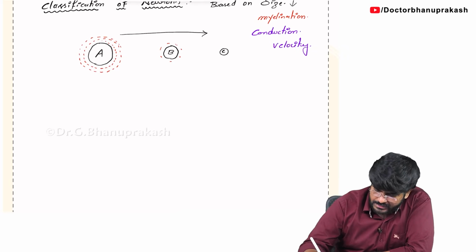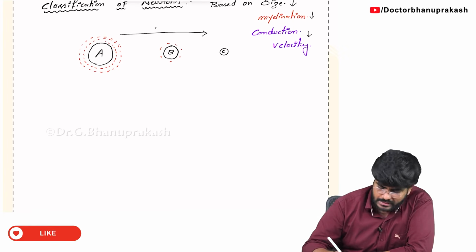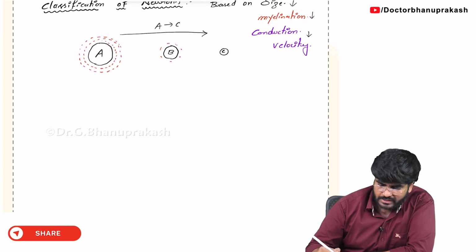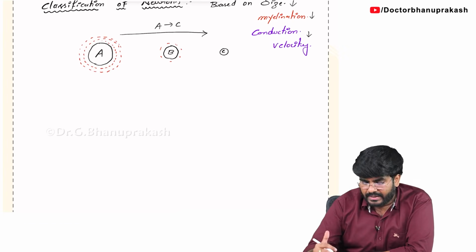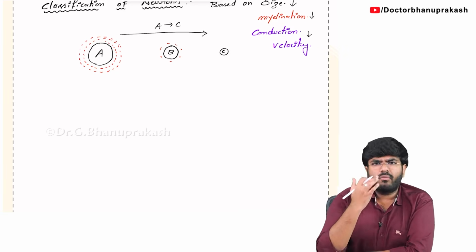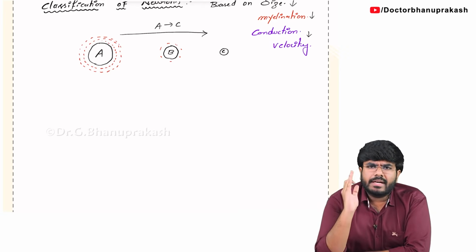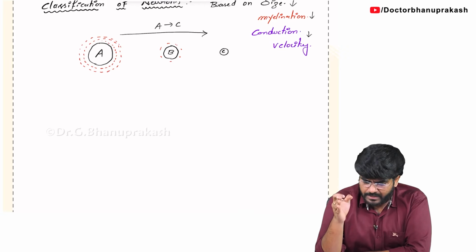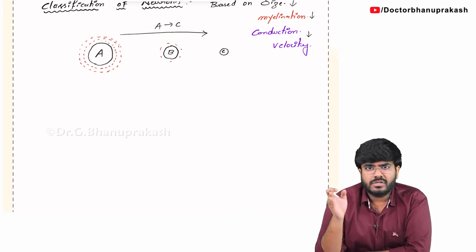Size is going to decrease, myelination is going to decrease, as well as conduction velocity is going to decrease. As we move from A to C, all three parameters will decrease. So in our body there are three types of neurons, A type, B type and C type, based on their size, myelination and conduction velocity.